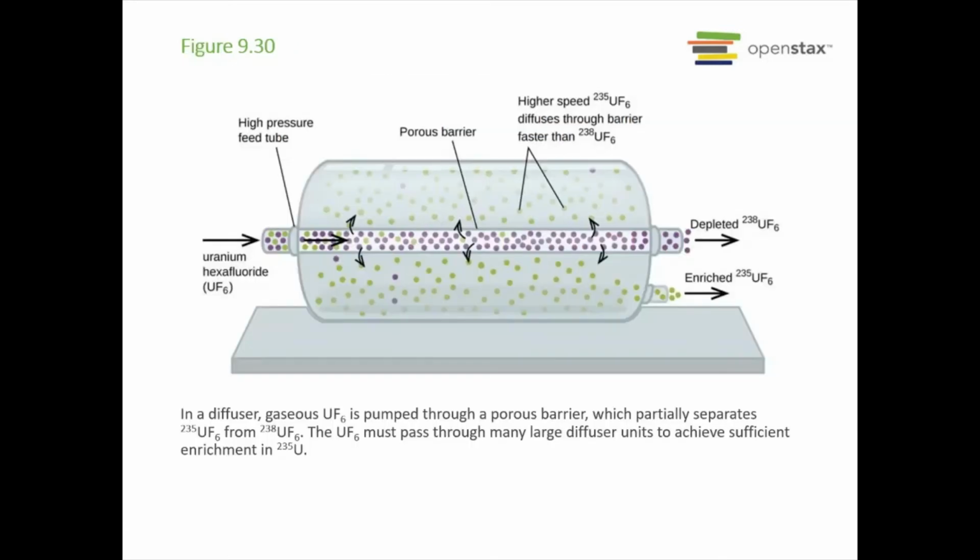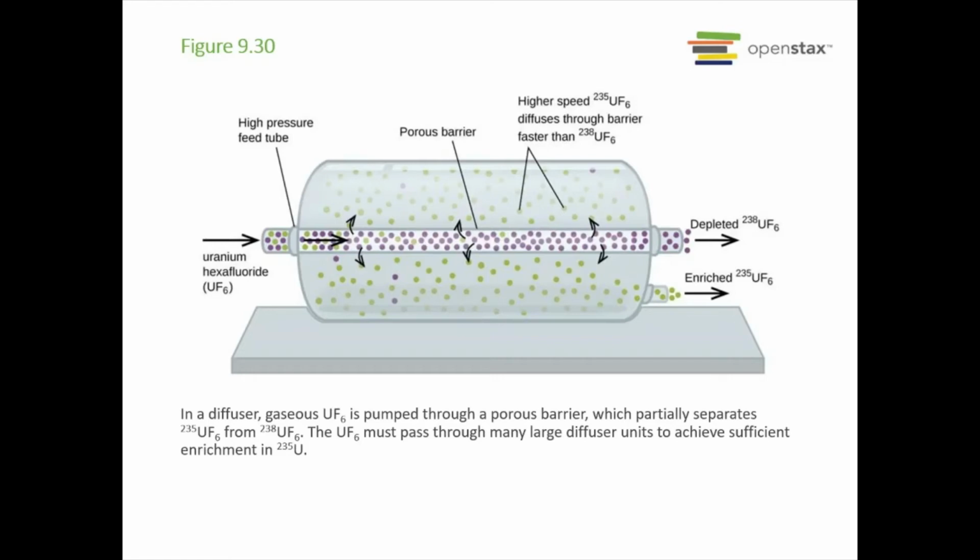One place that diffusion is used is in nuclear energy. This is how uranium is enriched. You take some uranium hexafluoride and it goes into a reactor that has a porous barrier.